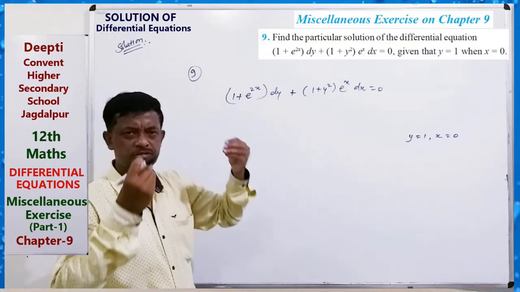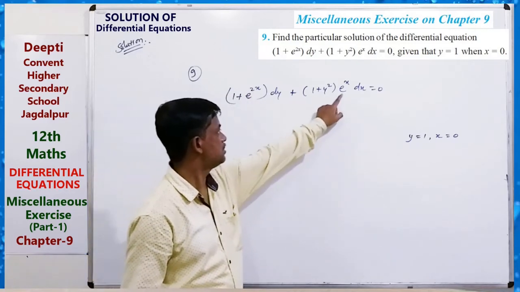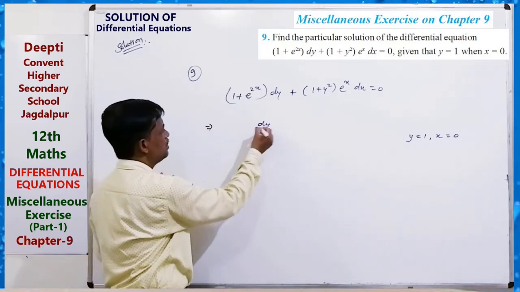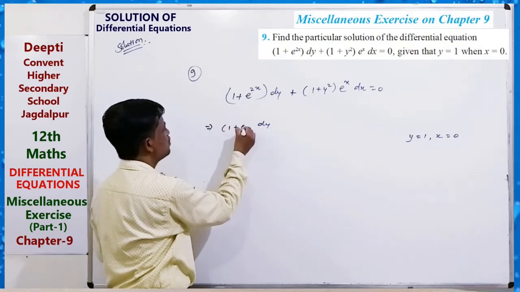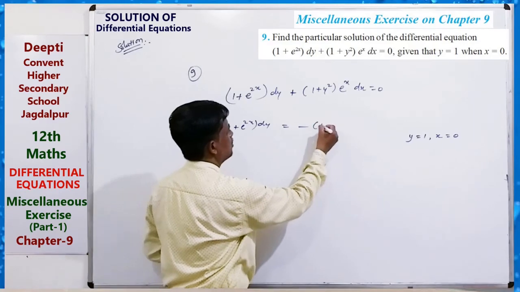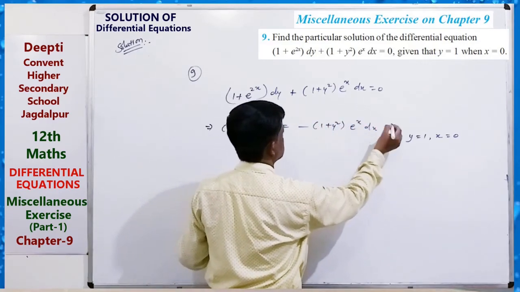Here we also see that it's a variable separable form because this is an x function, x related function. So we can write like this: dy (1 plus e to the power 2x) equals to minus (1 plus y square) e to the power x dx.